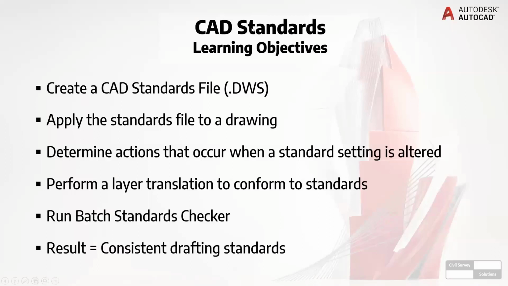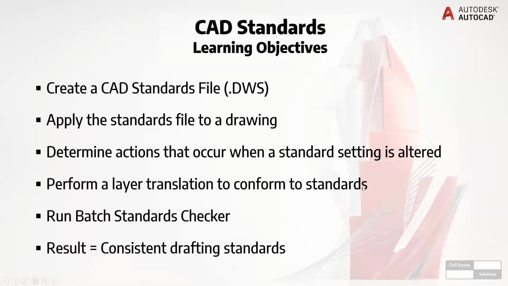And that brings us on to the next topic, which is determining the actions to occur when a standard setting is altered. We'll be prompted with messages and things like that. We can turn the messages off, and we can actually run a batch standards check on multiple drawings at the same time.